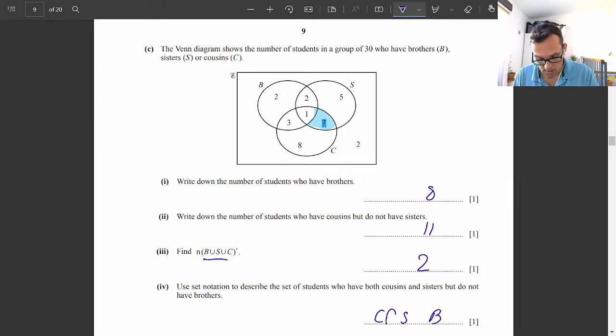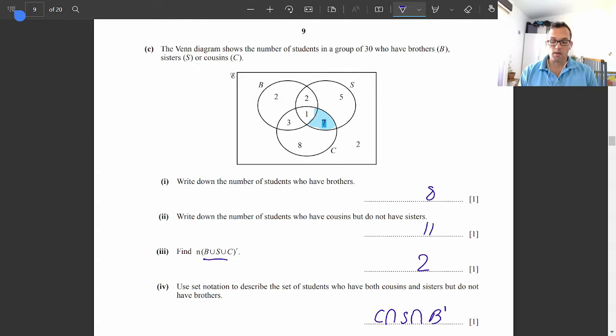So that's an ∩. But not brothers, so that means we're going to need the complement of B. Now we don't want everything that is not B. We don't want the 2, for example, or the 8 or the 5. So again, it has to be this and that, not or. It can't be anything else. So again, you put the intersection.